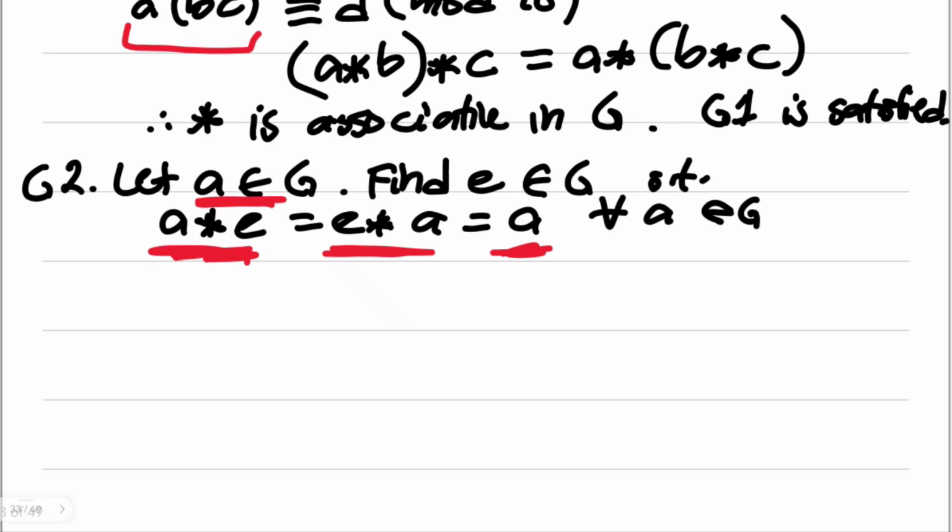That means our E is the identity element of G, and this should work for all elements in G, we only have one identity element.